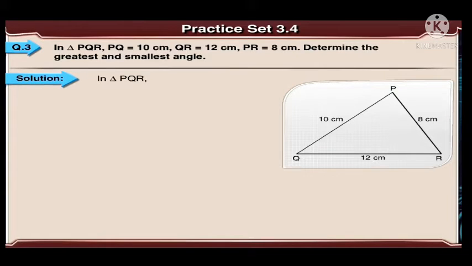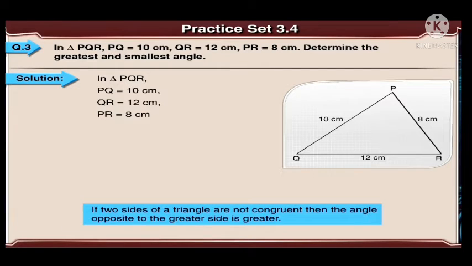In triangle PQR, PQ is equal to 10 centimeters, QR is equal to 12 centimeters and PR is equal to 8 centimeters. Note that no two sides are congruent. We know that if two sides of a triangle are not congruent, then the angle opposite to the greater side is greater.